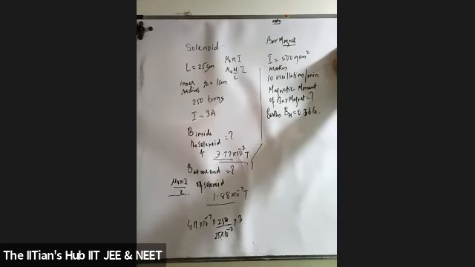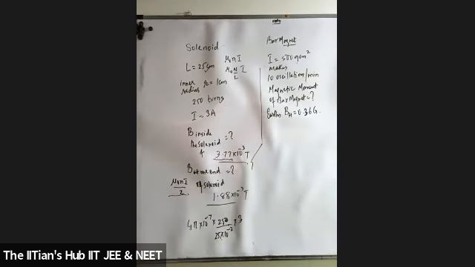Moment of inertia for a bar magnet. Or if I give you a rectangular rigid lamina of length L, breadth B, thickness negligible, what is the moment of inertia about an axis perpendicular to its plane and passing through center of mass? Aman, are you there?